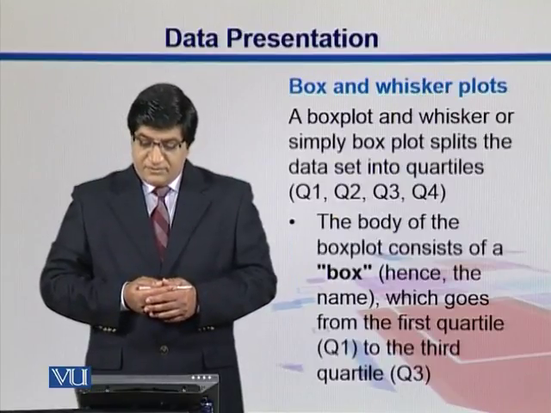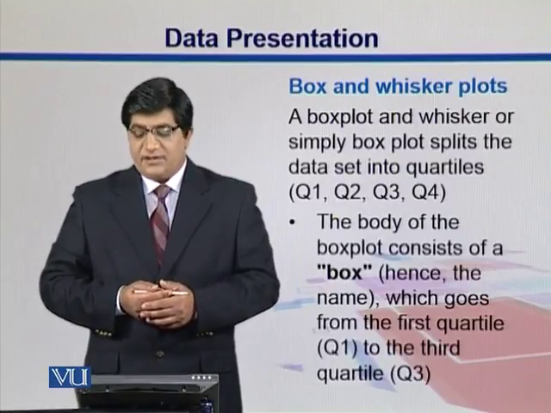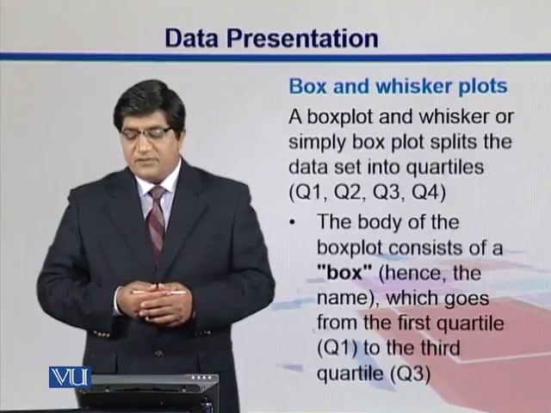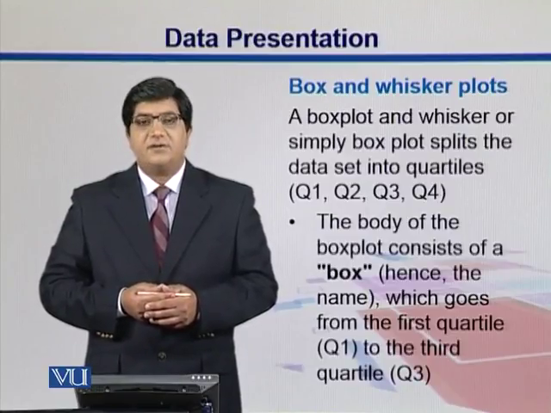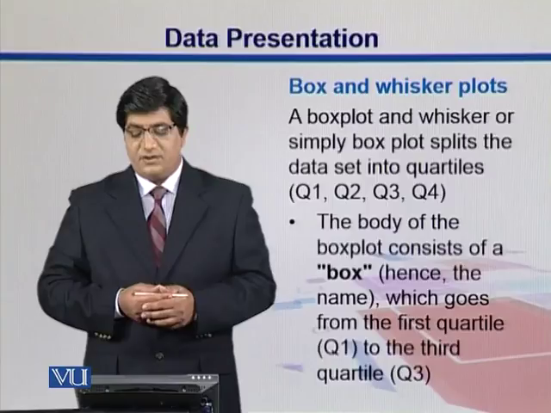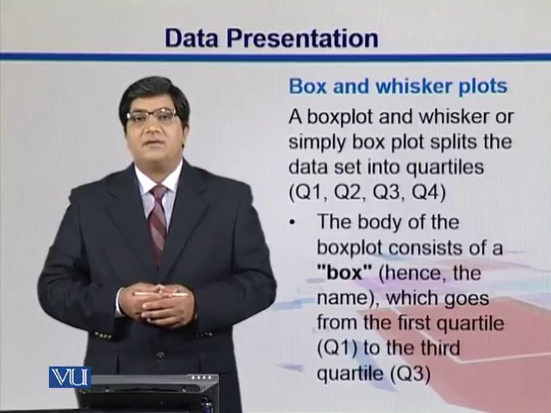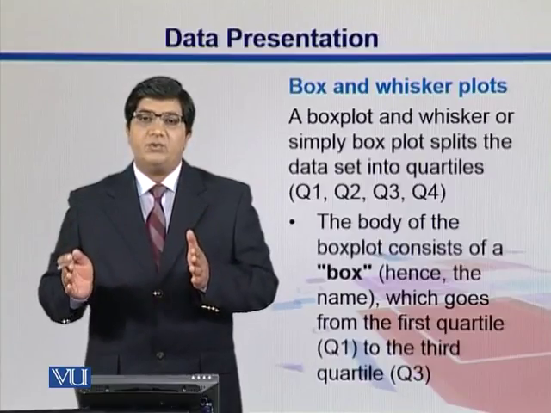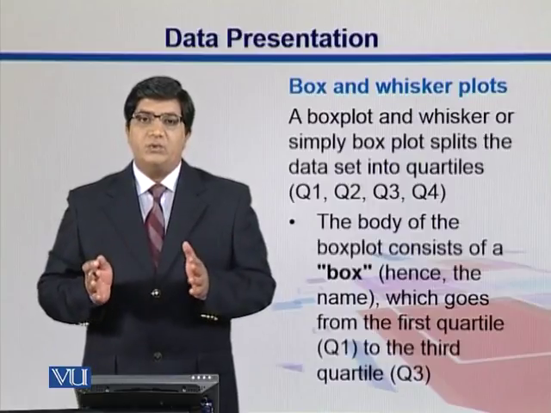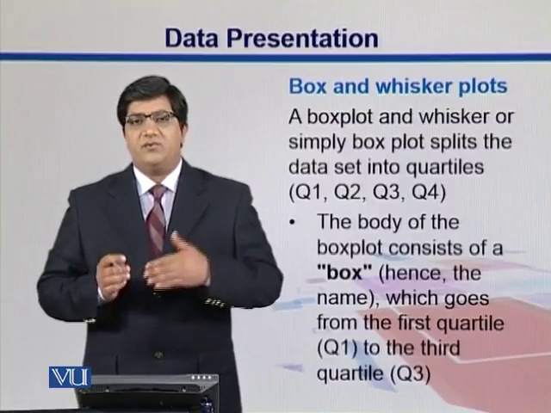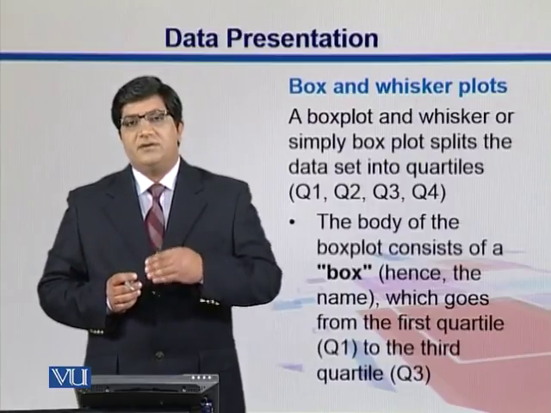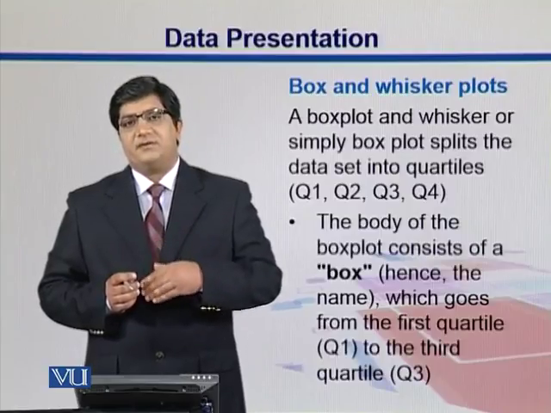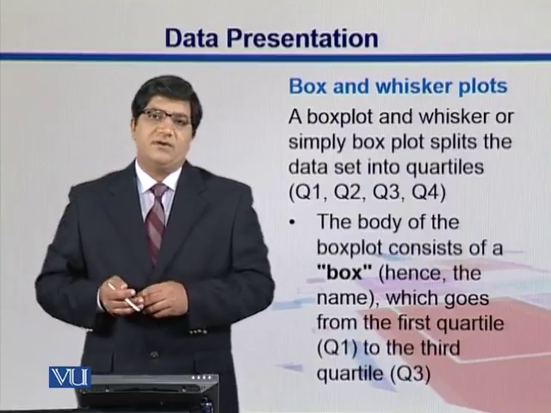There is another fancy representation of the data called a box and whisker plot. What we do here is split the data into different quartiles: quartile 1, 2, 3, and 4. We divide the data into quarters, so we have the lower quarter, then the middle ones, and then the top quarter of the values.